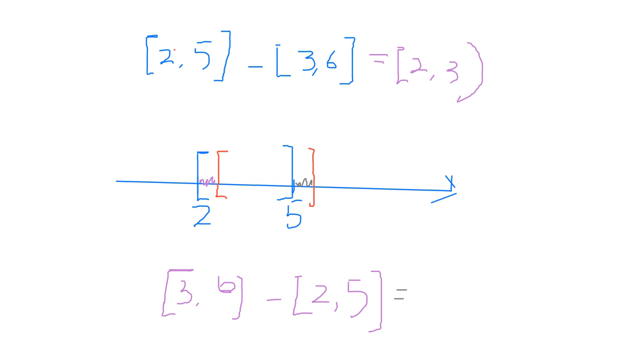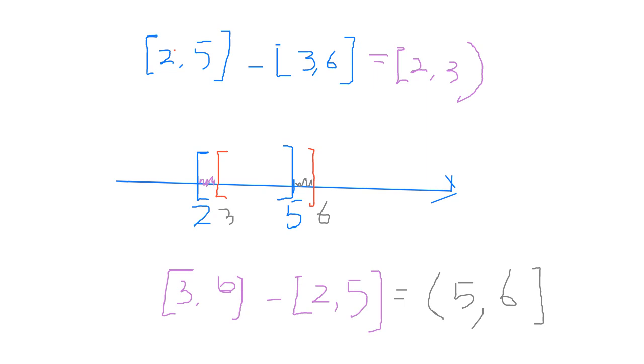Not including 5 because 5 is in the set of 2 to 5. So we have open parenthesis. That means the number can be very close to 5, but not 5 itself. It can be 4.9999, but cannot be 5 itself. Then 5 up to 6, with 6 included, and 5 is not included.